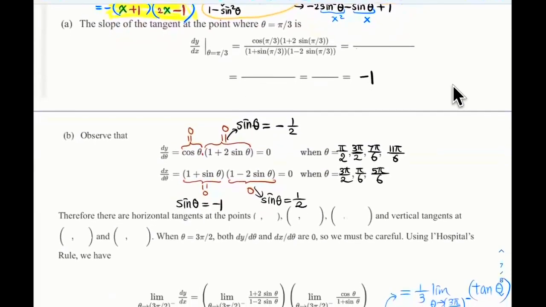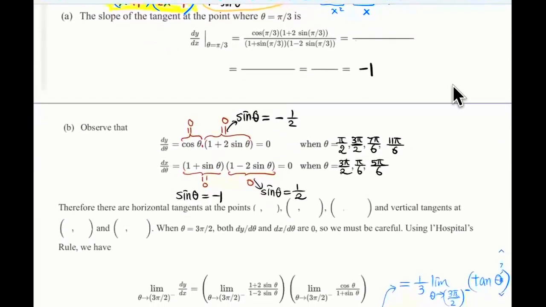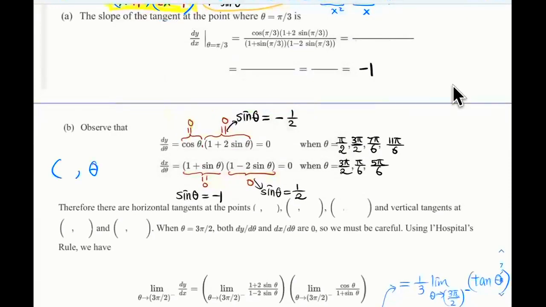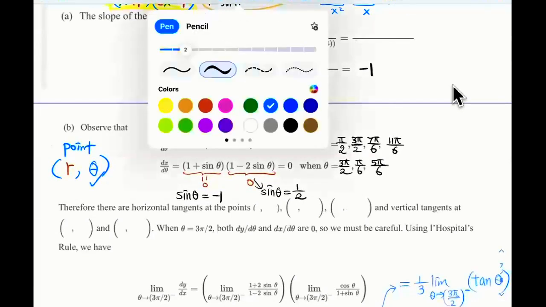So now you got those theta, but we're interested in the point, right? In polar coordinates, we need the theta and we also need the r. So how can I find those points? You already have the theta. We just need to figure out this r.